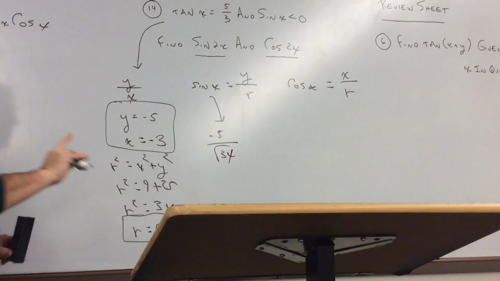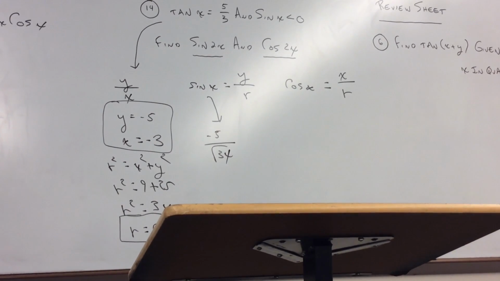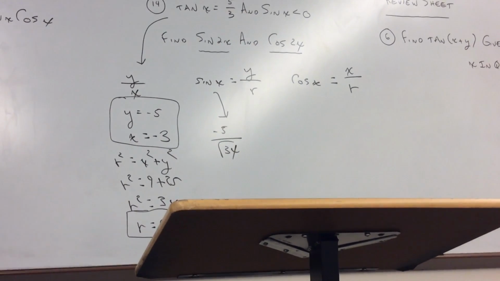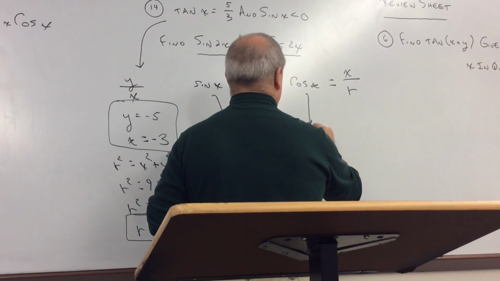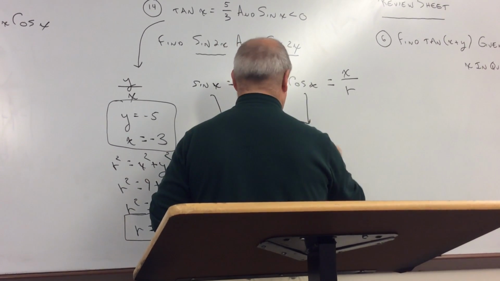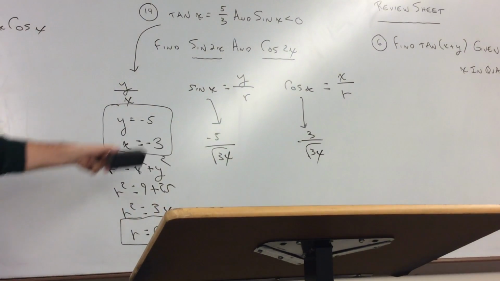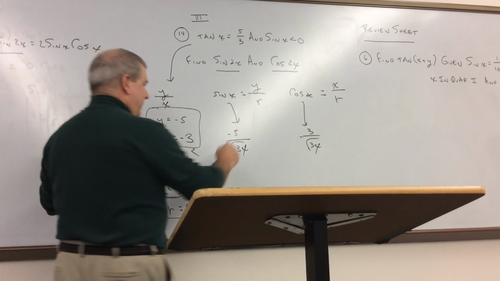So that you have to get. Okay, hold that thought. What's the cosine of x? Just plug it into the definitions. Joe: -3 over radical 34. So that's -5 radical 34 over 34. That's -3 radical 34 over 34.